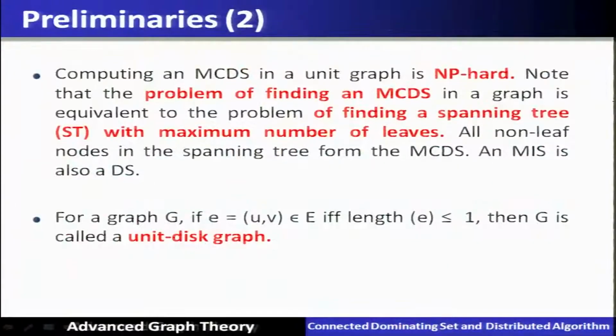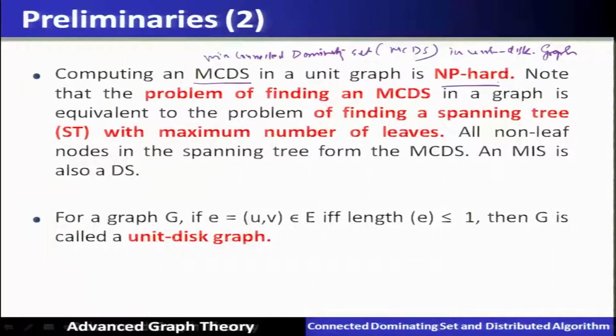Now, computing through an algorithm the MCDS, that is minimum connected dominating set, in a unit disk graph is NP hard.